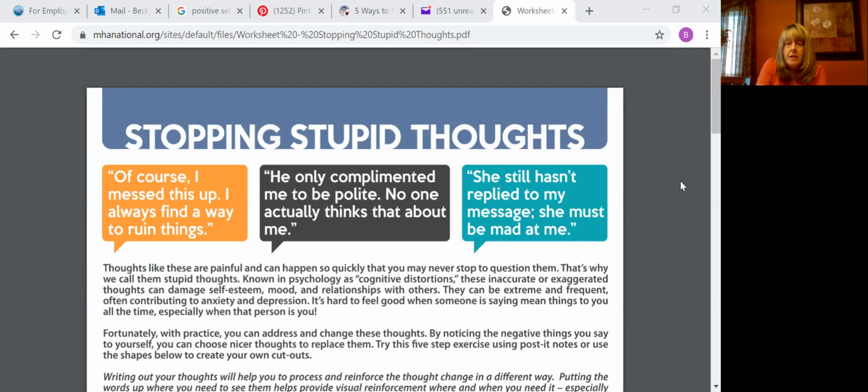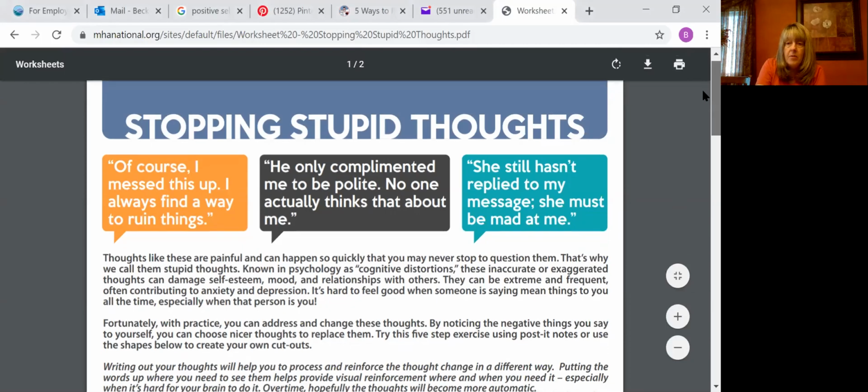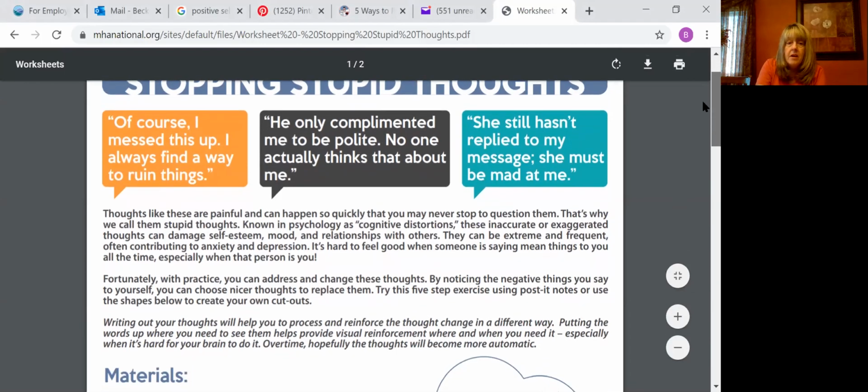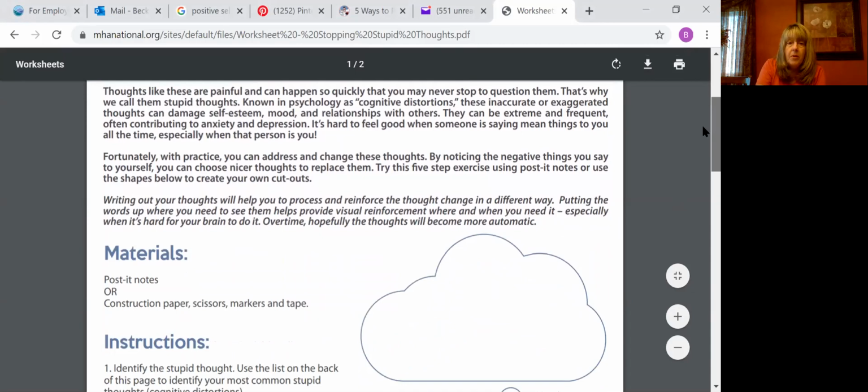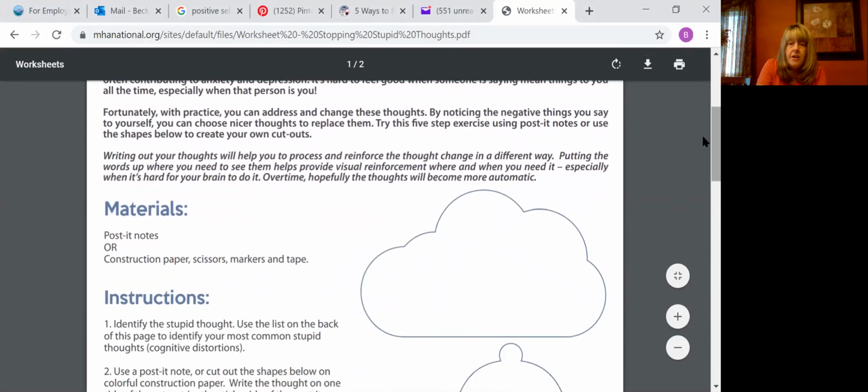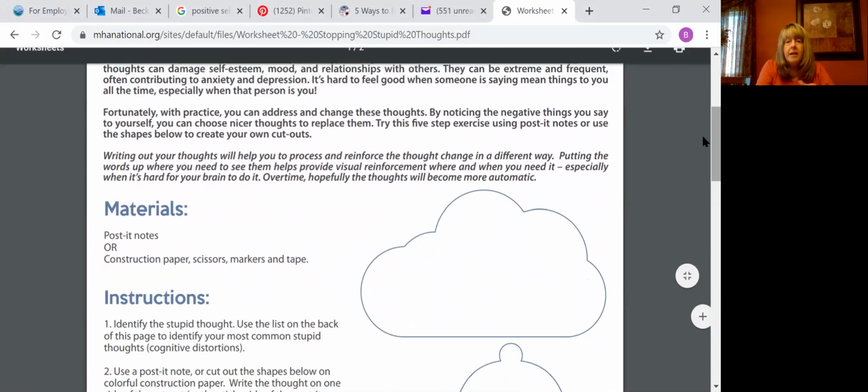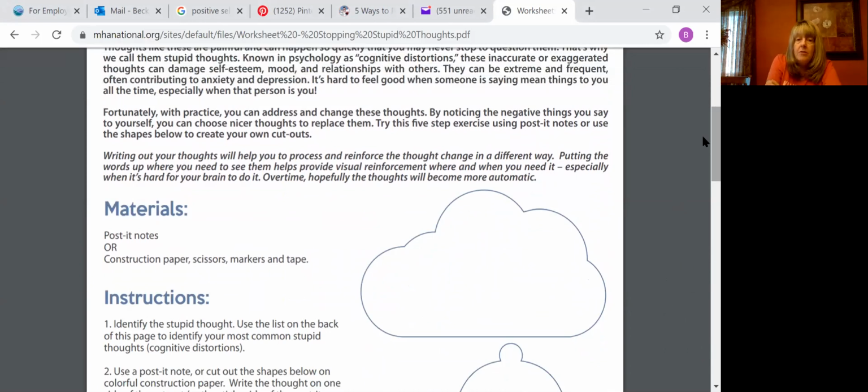But there is a way to change that. You have to notice the thoughts and stop them when they're happening. And here's an example of what they say to do. You could identify the thought and then write it down, put it on a sticky note or just on a piece of paper that you can cut out.